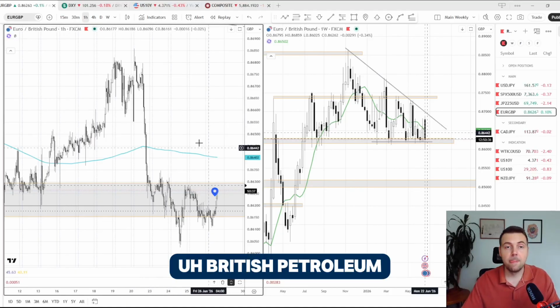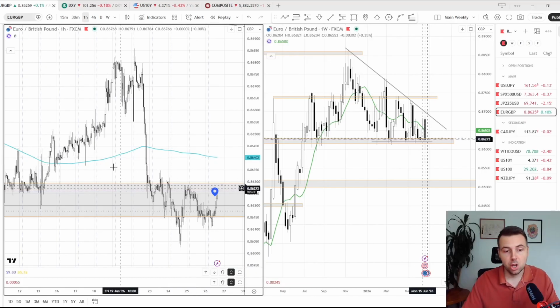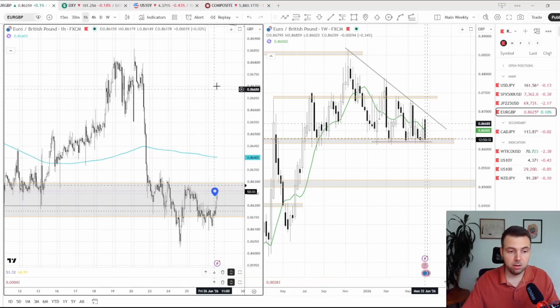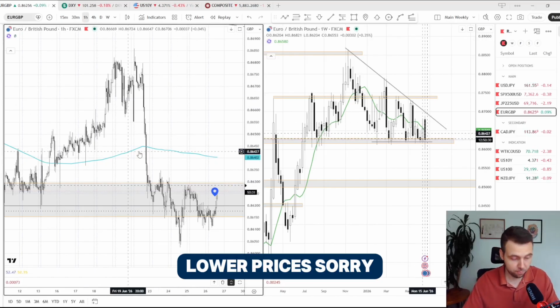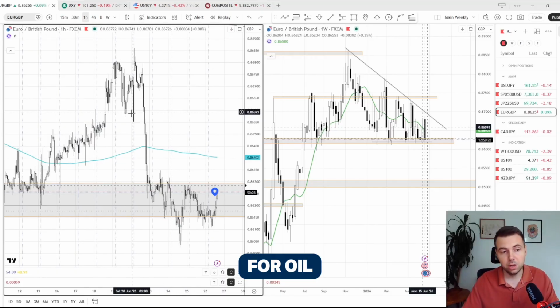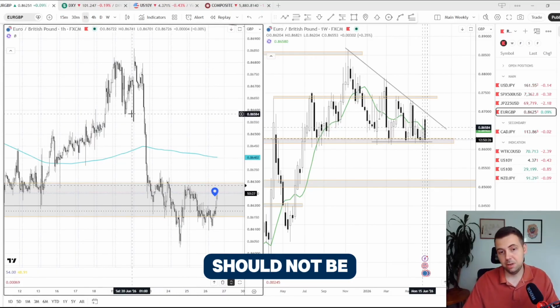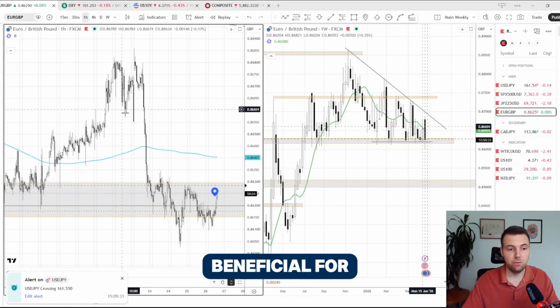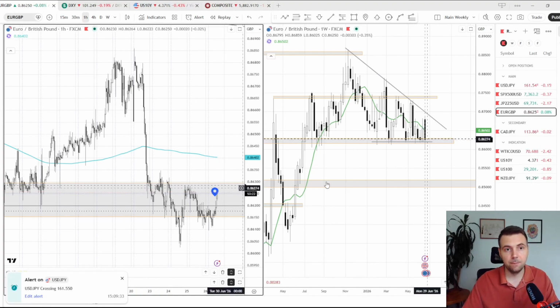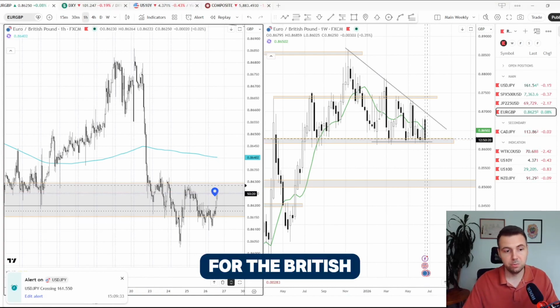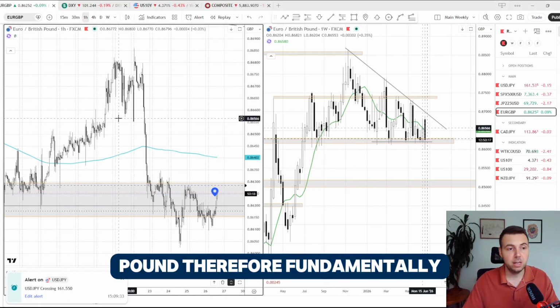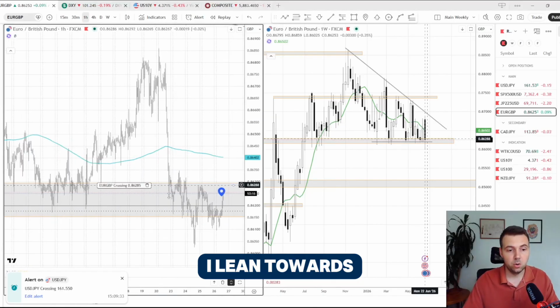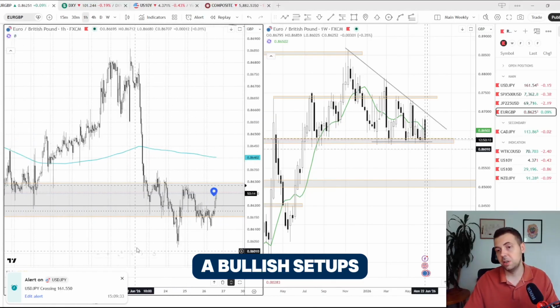British Petroleum is one of them. So in theory, lower prices for oil should not be beneficial for the British pound. Therefore, fundamentally, I lean towards bullish setups here.